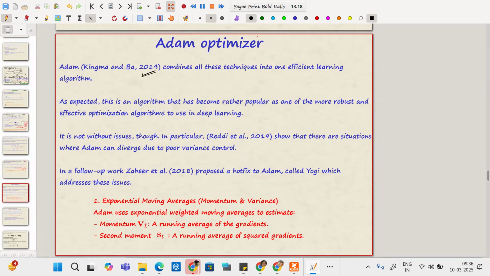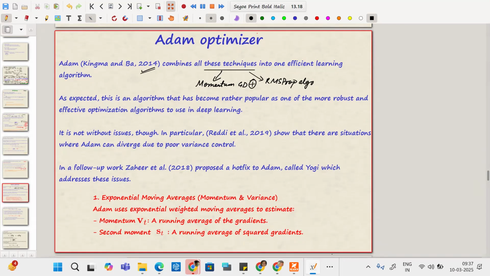Kingma and Ba in 2014 combined momentum based gradient descent plus the RMSProp algorithm into one efficient learning algorithm. If I did not teach you all of these things and suddenly taught you this, you would be missing out on a big part.